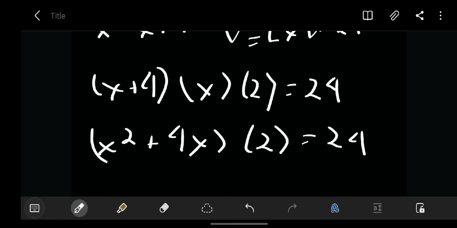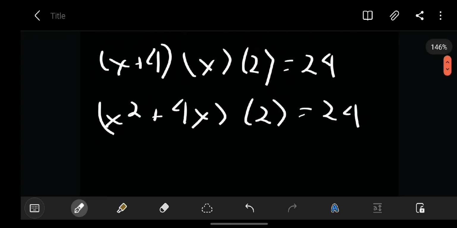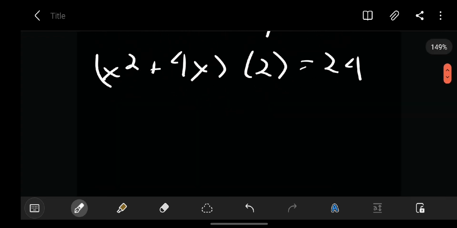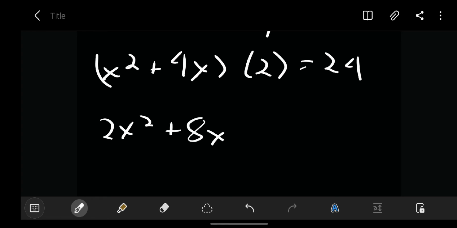Now we should multiply 2 to x squared and plus 4x. We've got 2x squared plus 8x equals 24.